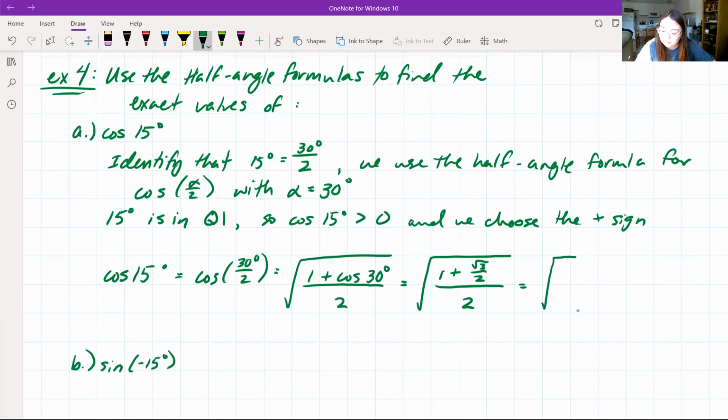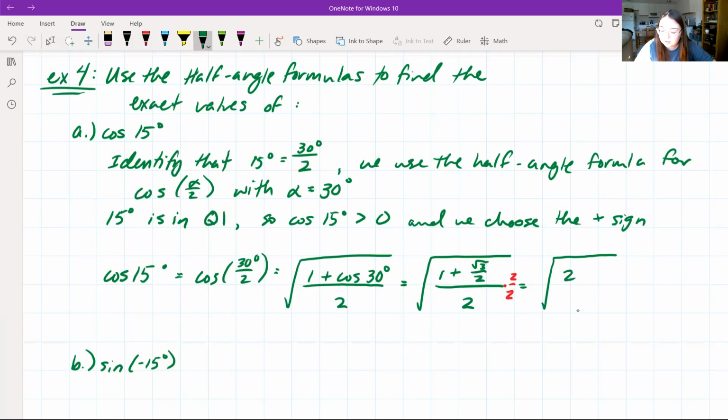So if we multiply each one of our values here by 2, then we can get rid of our fraction in our numerator. So we're going to multiply by 2 over 2.